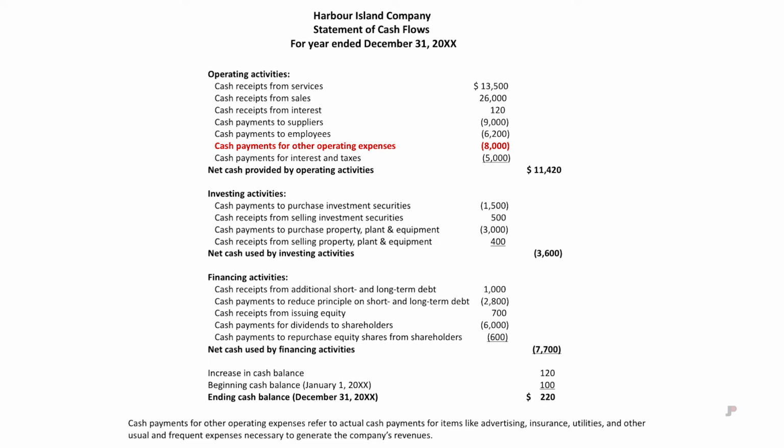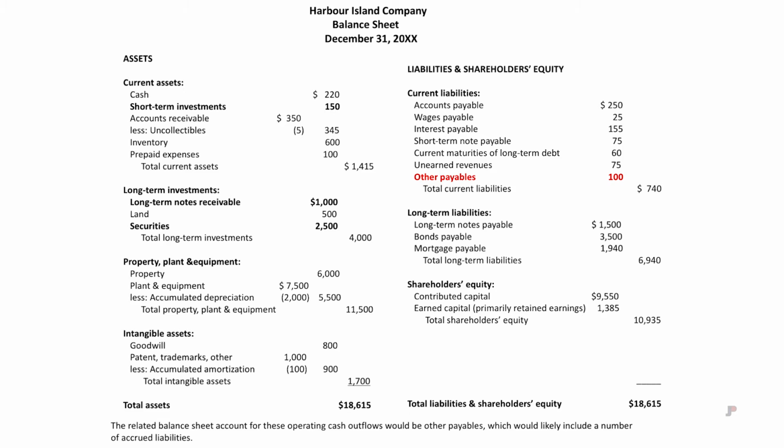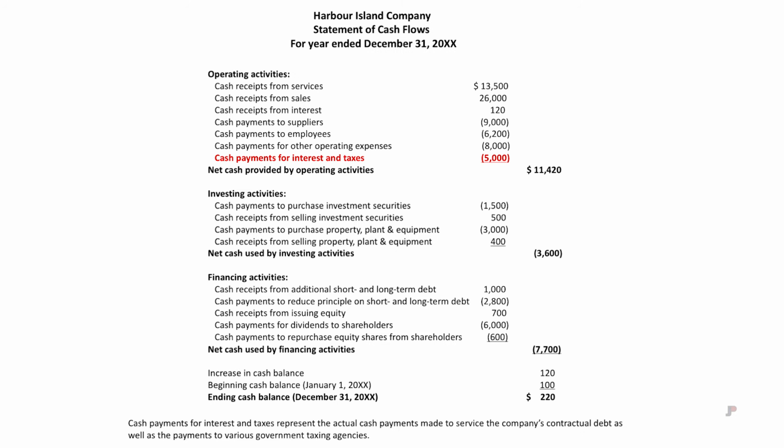Cash payments for other operating expenses refer to actual cash payments for items like advertising, insurance, utilities, and other usual and frequent expenses necessary to generate the company's revenues. The related balance sheet account for these operating cash outflows would be other payables, which would likely include a number of accrued liabilities.